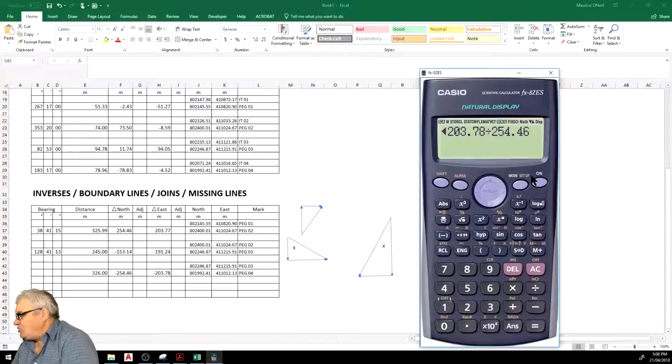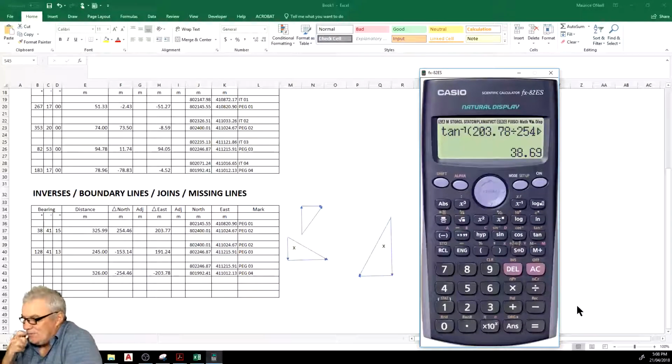I'm pushing those buttons using my keyboard. And equals. And that's 38.69, which you'll notice was the same as for the first one that we did up here. But this one, obviously, it's 180 degrees different. So we've got to add 180, and our bearing we want is from here.